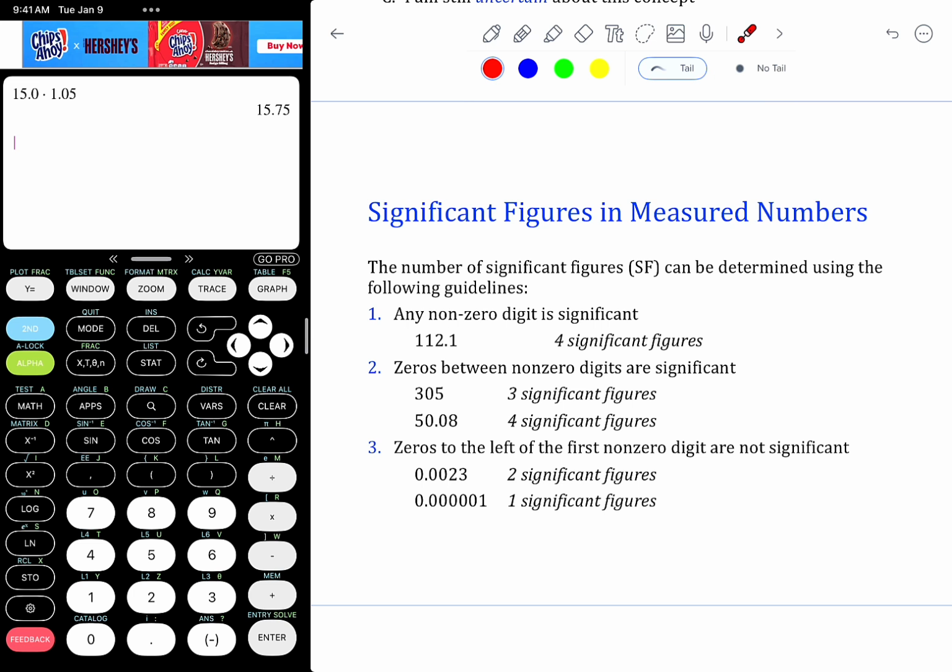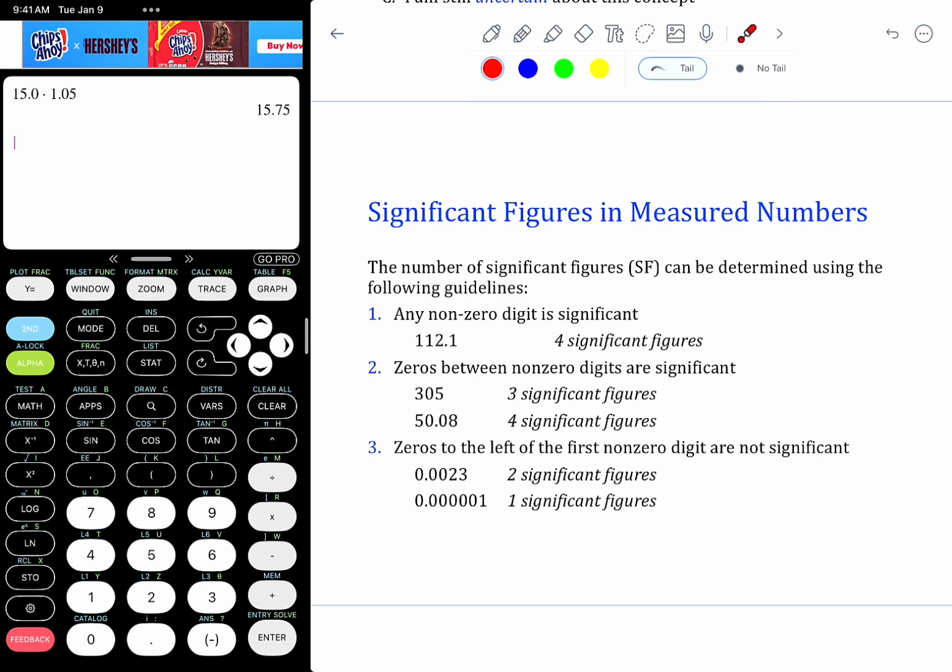Our third guideline is that zeros to the left of the first non-zero digit are not significant. So we typically see this in decimals when we have really small values. If they are to the left of our first non-zero digit, then they are not significant.